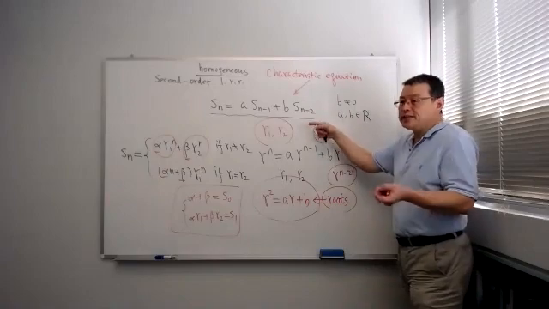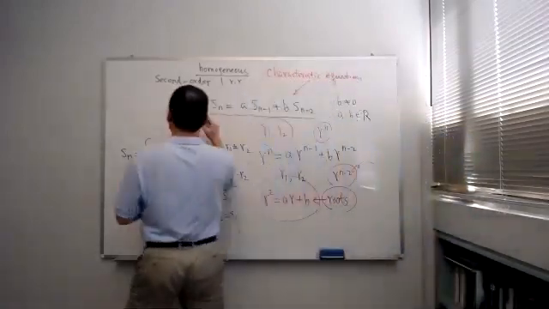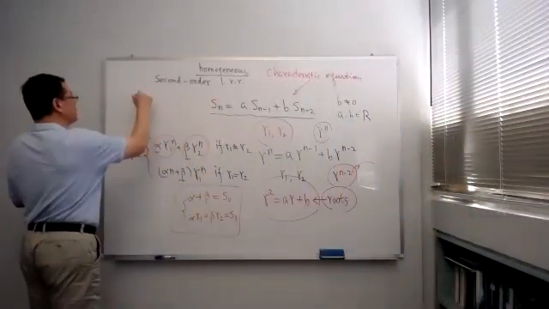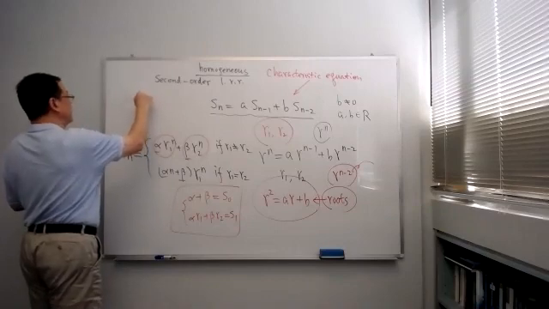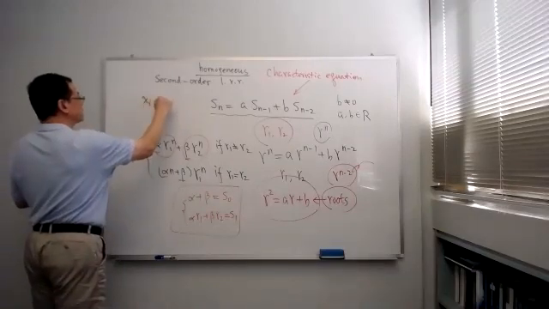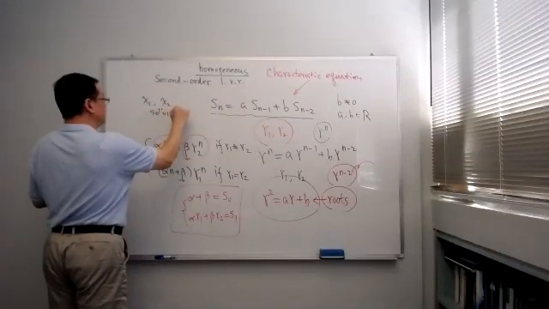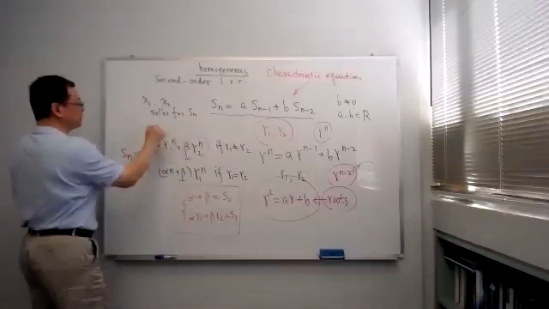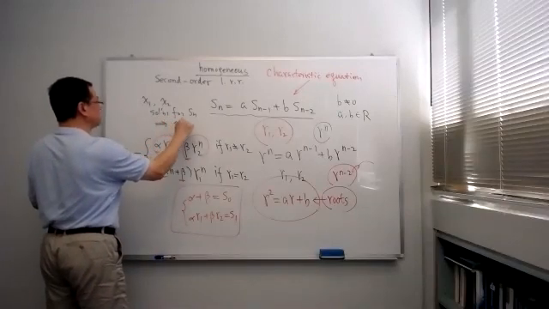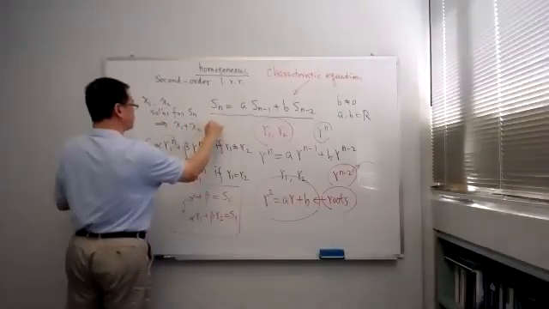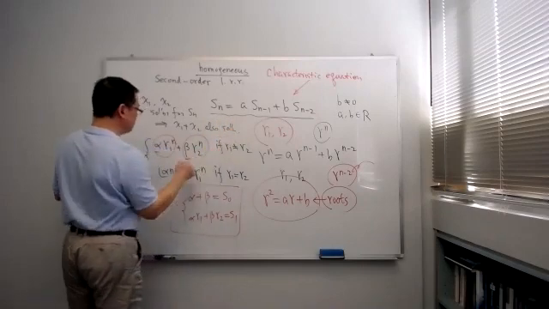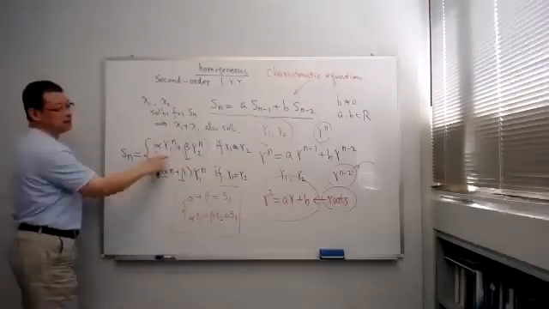From this recurrence, it's easy to prove. If we have two solutions, say x1 and x2, both are solutions, that will imply that x1 plus x2 is also a solution. So that's why we have this here.